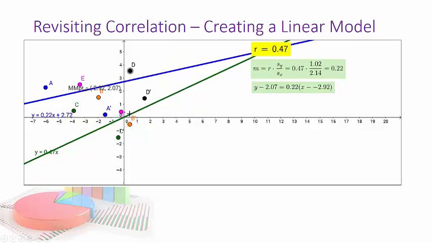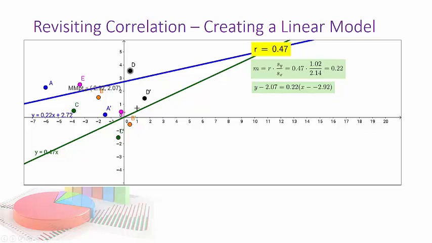So now you can see, since it's not correlated as strongly, these aren't matching so well. But let's look at this point out here. If I'm 2 standard deviations above the mean, so I'm right here, then I only expect to be 1 standard deviation above the mean in the y direction.